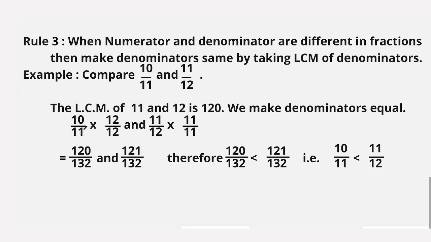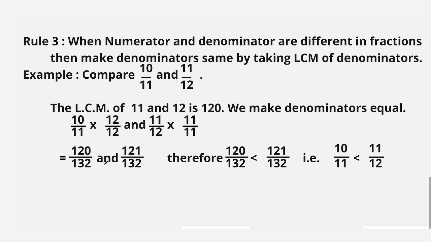So what will we get? 10 upon 11 multiplied by 12 upon 12 gives us 120 upon 132. 10 multiplied by 12 is 120 and 11 multiplied by 12 is 132. And 11 upon 12 multiplied by 11 upon 11 gives us 121 upon 132. 11 multiplied by 11 is 121 and 12 multiplied by 11 is 132. Now, in both the fractions, the denominator is equal, which is 132.